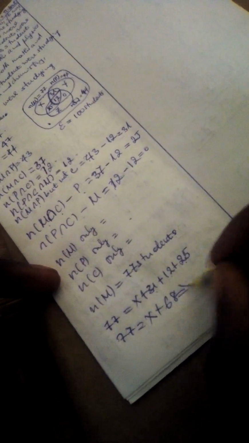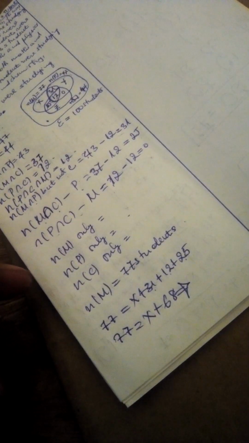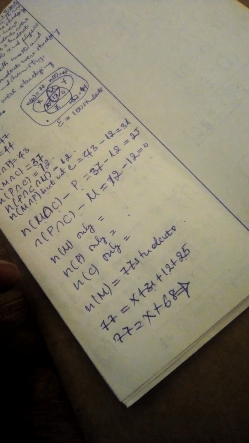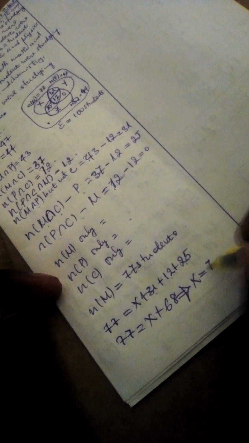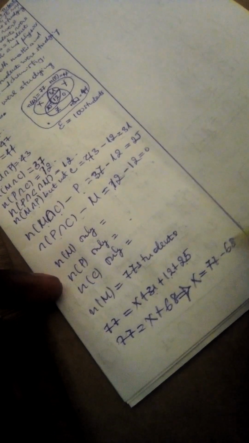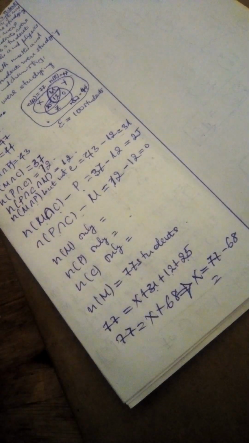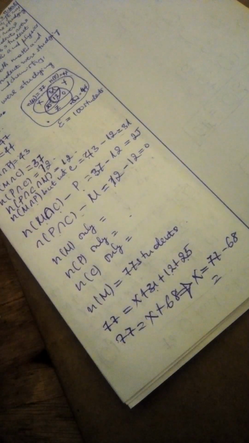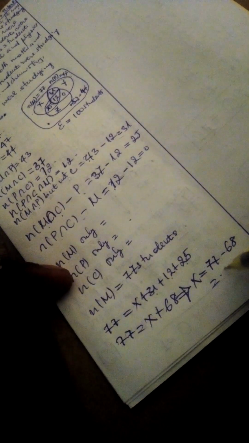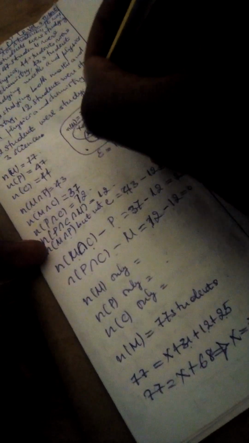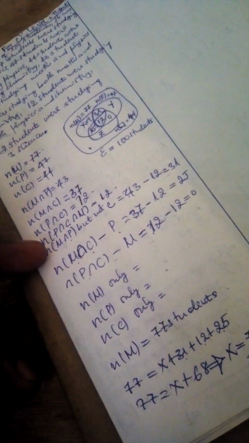So take minus 68 on both sides, so that x will be equal to 77 minus 68, and this will be equal to 9. So here we have x equal to 9, right?